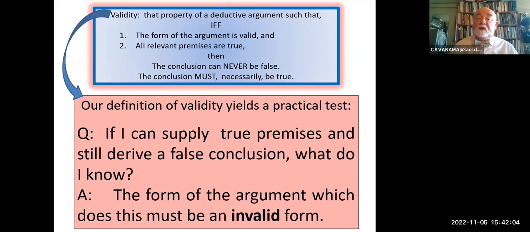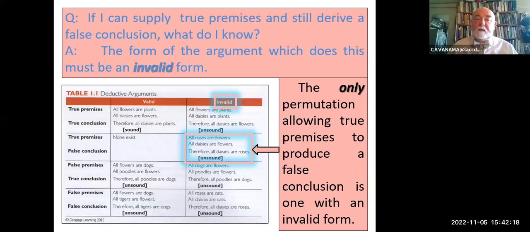The conclusion must be true. Question. Given that definition, if I can supply true premises and still derive a false conclusion, what do I know? Well, what I know is the form of the argument that does this has to be an invalid form. The only permutation allowing true premises to produce a false conclusion is one with an invalid form.